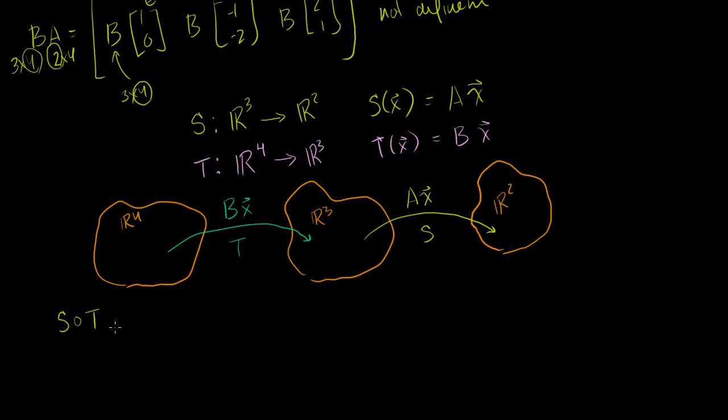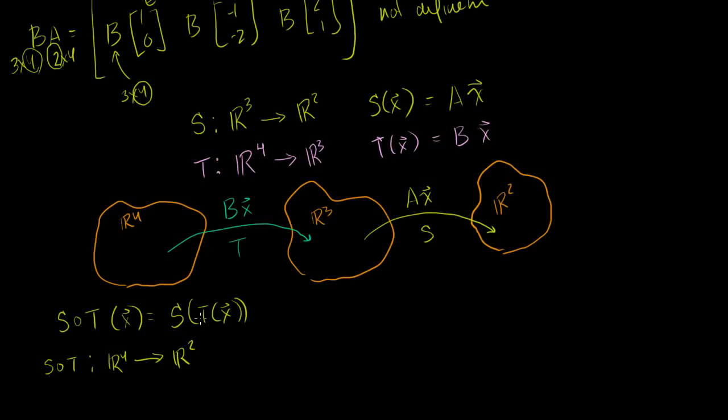This is equal to S of T of x. So you take a transformation from R4 to R3, and then you take the S transformation from R3 to R2. So this is S of T, a transformation from R4 all the way to R2.